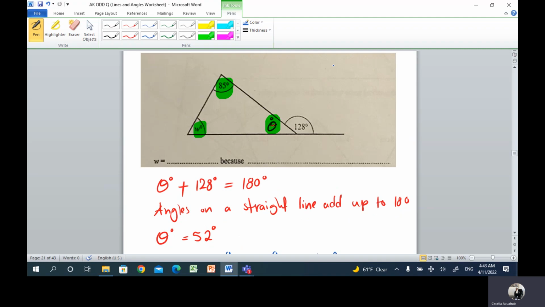And if you check, the given angle is 85 plus theta that we found, which is 52, plus the W that we found, which is 43. If you add 85 plus 52 plus 43, the answer will be 180.